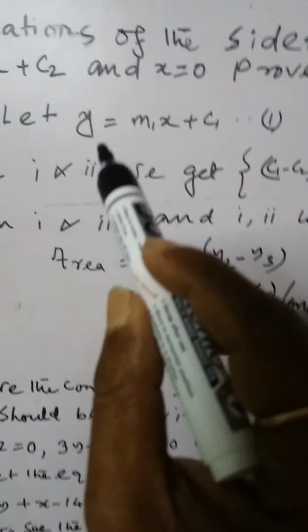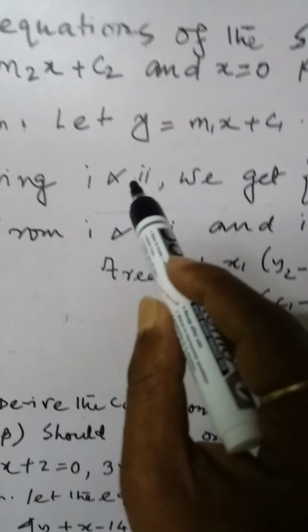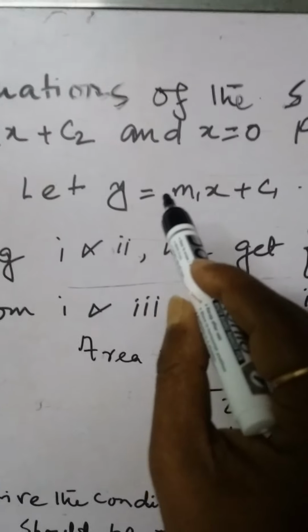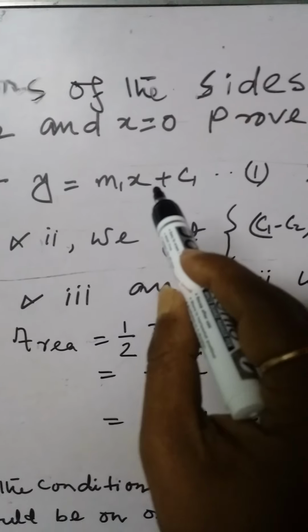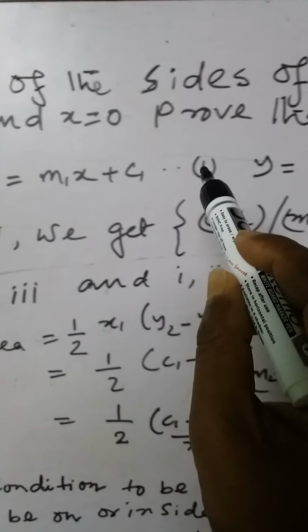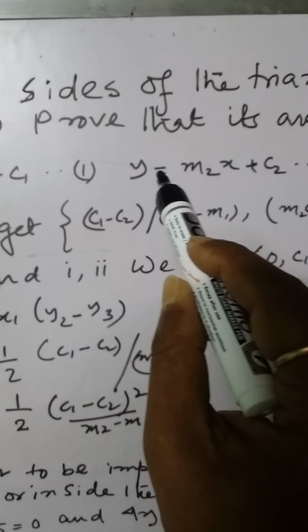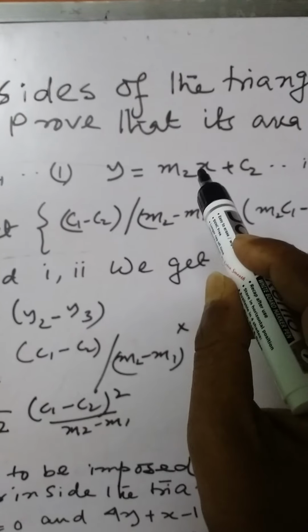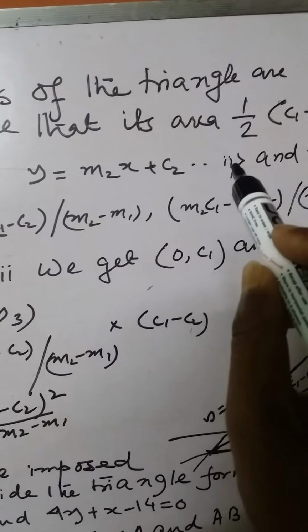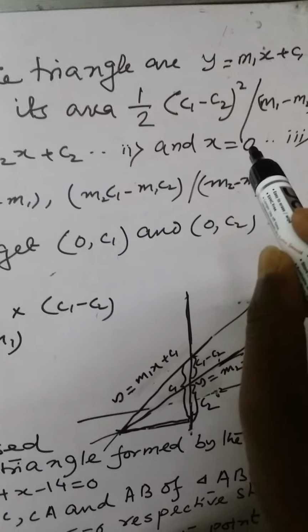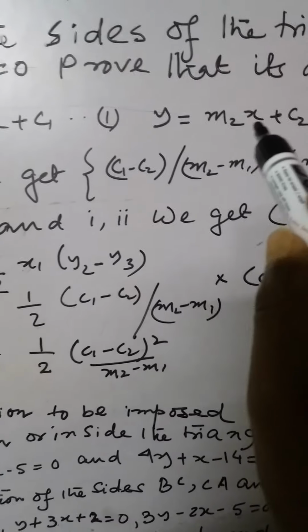Now let y equal to m1x plus c1 be equation 1, y equal to m2x plus c2 be equation 2, and x equal to 0 be equation 3.